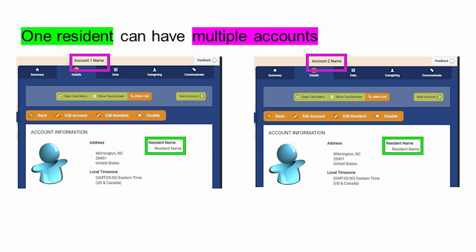So Jen Member can have a Jen's Bedroom touchscreen, and Jen Member, the resident, can also have a Jen's Office touchscreen. One member, one resident, two touchscreens, two accounts.